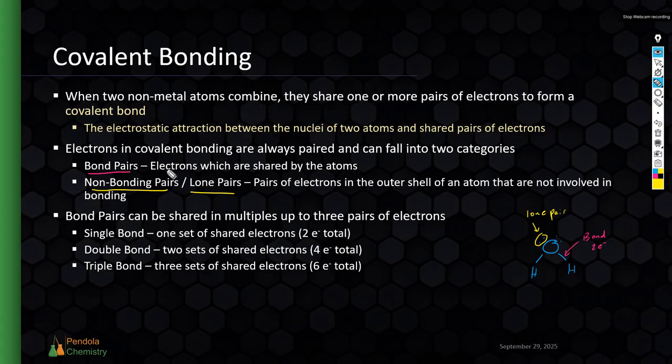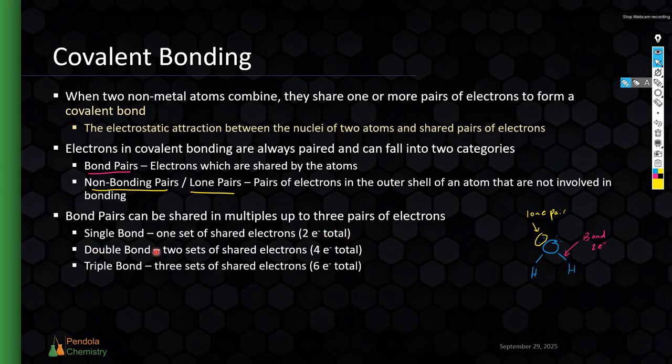Now, bonding pairs can be shared in multiples, meaning that yes, they have to be pairs, meaning that they have to be groups of two electrons, but we could have multiple pairs be shared. So we can have a single bond, which is what we're looking at here, where it's one set of shared electrons, or two electrons being shared.